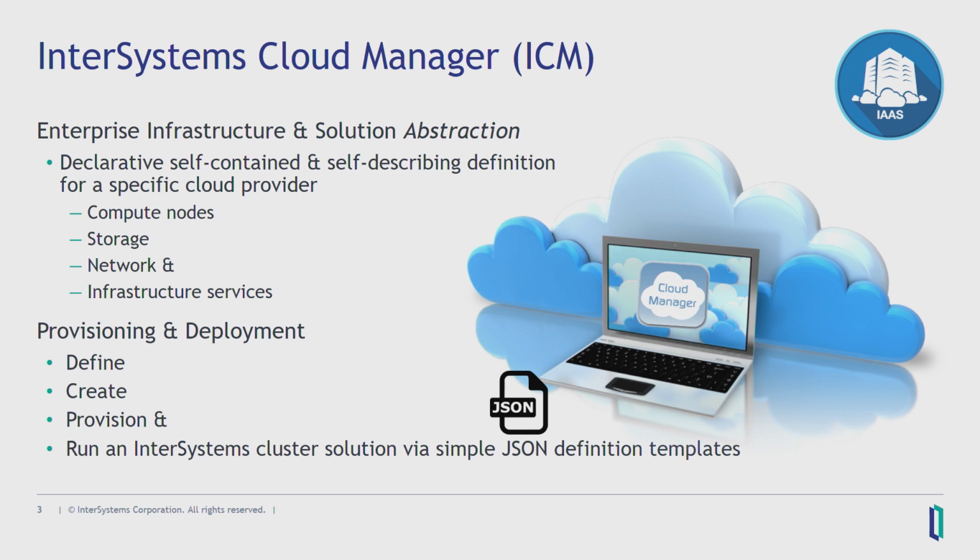And it sets up additional infrastructure services like load balancers and other tools. So it handles the provisioning and deployment where you can define your cloud configuration of an InterSystems application, create it, provision the underlying hardware across the various clouds, and run a full cluster solution via these JSON templates that ICM is made up of.